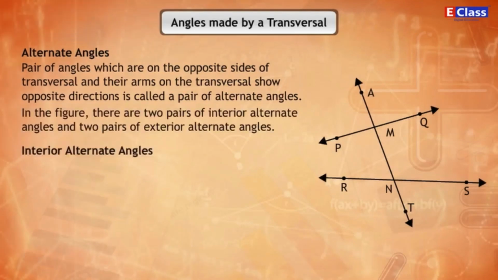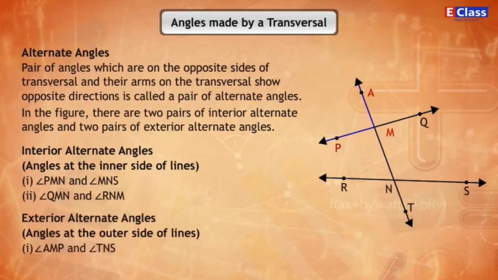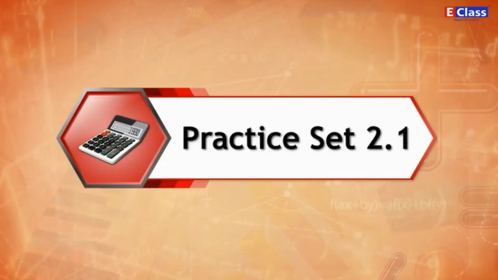Interior alternate angles are the angles at the inner side of lines: angle PMN and angle MNS, angle QMN and angle RMN. Exterior alternate angles are the angles at the outer side of lines: angle AMP and angle TNS, angle AMQ and angle RNT.